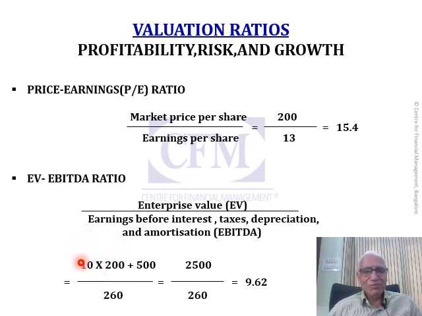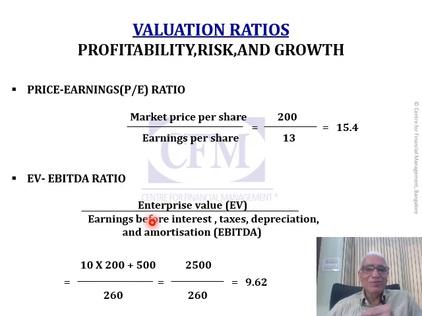So the market value or market cap of the company is 2000 million. As far as debt is concerned, it is generally assumed that a rupee of book value is more or less equal to a rupee of market value, since the liabilities or debt on the balance sheet of Horizon Limited are 500 million. I have added 500 million to 2000 million to get an enterprise value of 2500.